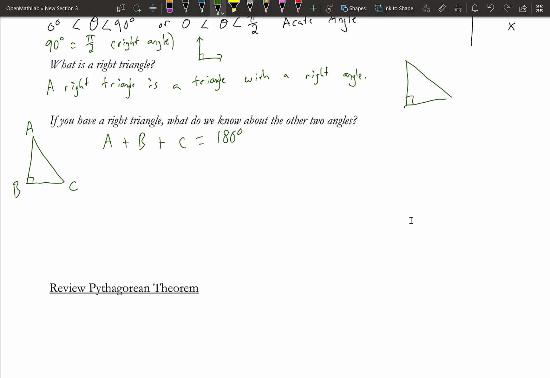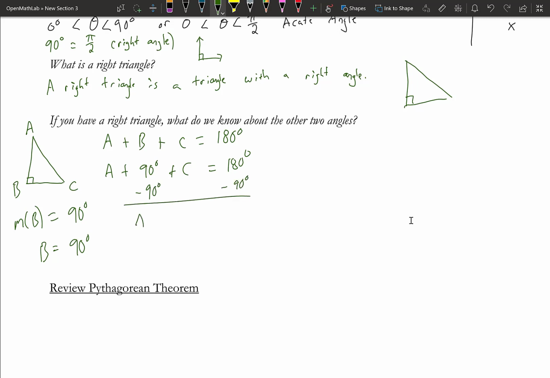B is 90 degrees, so A plus 90 degrees plus C equals 180. Subtracting 90 from both sides, the sum of the other two angles must be 90 degrees.